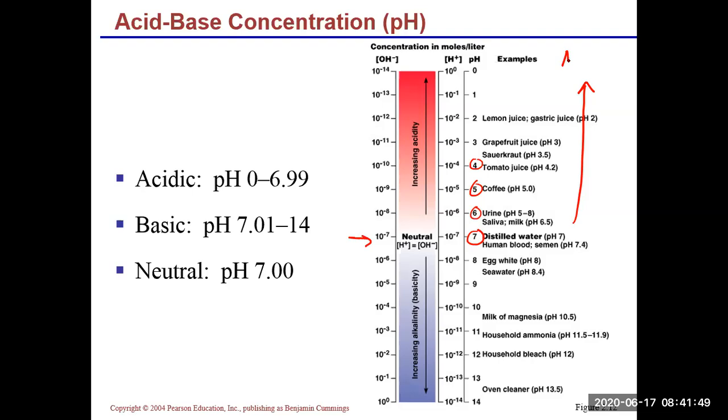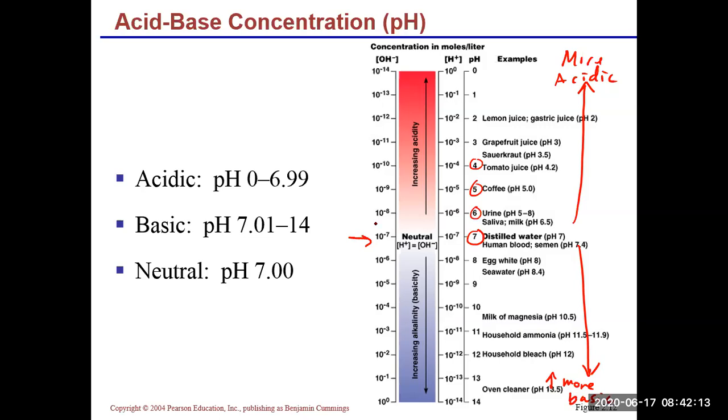So this is more acidic. As the number gets higher, the maximum is 14, basicity increases, more basic. So neutral is 7.